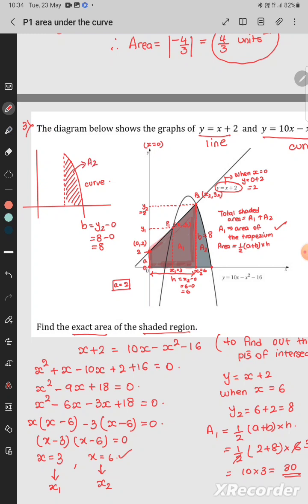So I already know this x value, which was x2, 6. I need to know what this point is, because if I use integration, this is going to be my lower limit. So I need to figure out what will be my upper limit. This is a point where the curve is touching the x-axis.